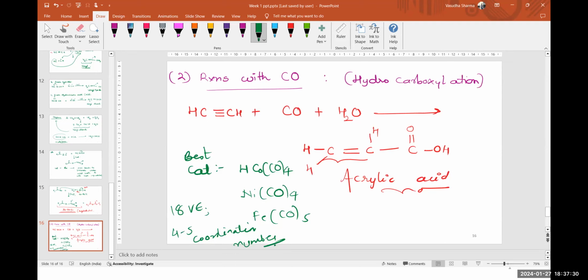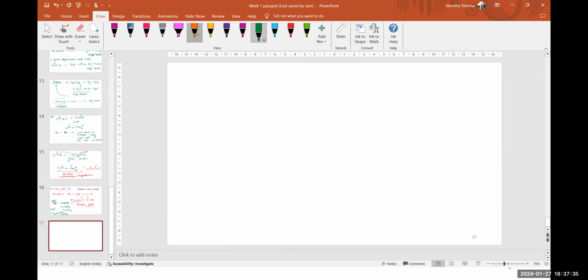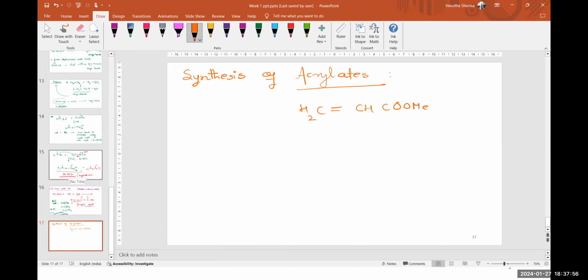Similarly, using this method, we can also synthesize acrylates. Using the same method, acrylate is nothing but CH2 double bond CH COOMe, wherein earlier we were having the acid group over there. So the mechanism for this particular reaction will be defined here.